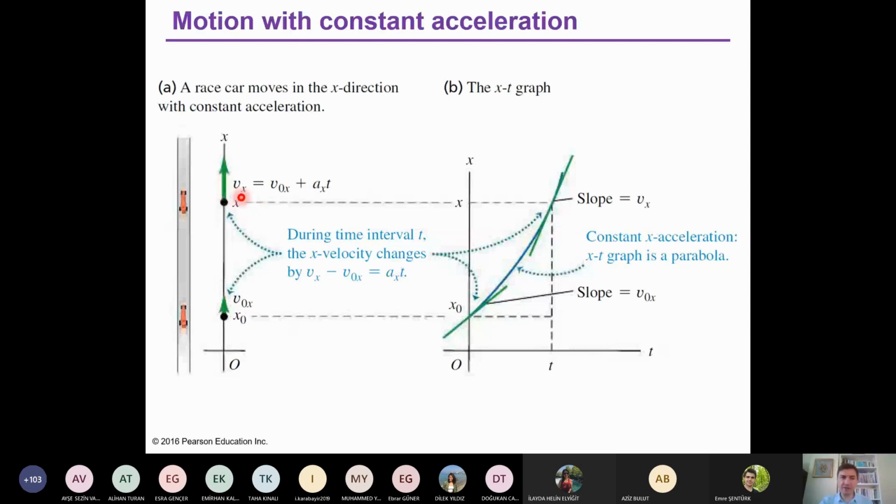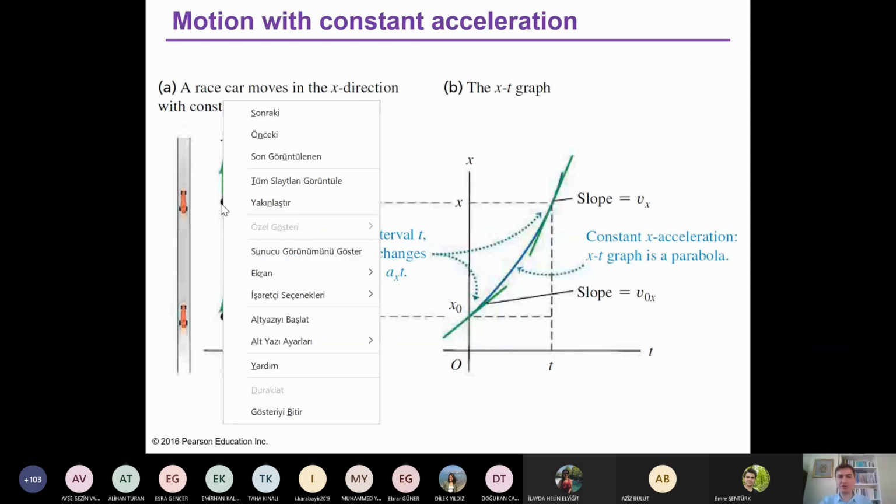Final velocity is given by initial velocity plus ax times t. So here, during time interval t, the x velocity changes by this ax times t. So this is delta v, the change in the x velocity of the car, which we have done in the first equation for the motion with constant acceleration.